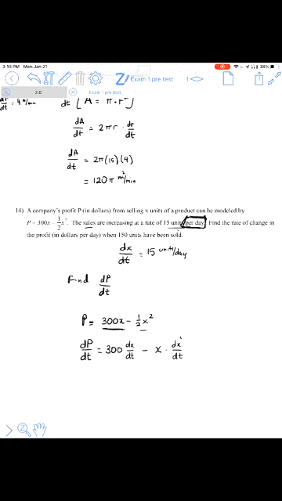So dx/dt we know is 15 right there, and then to plug in for x, it says when 150 units have been sold. So find dP/dt when x equals 150 is what we're supposed to find. So dP/dt is 300 times dx/dt, which is 15, minus x, which is 150, times 15.